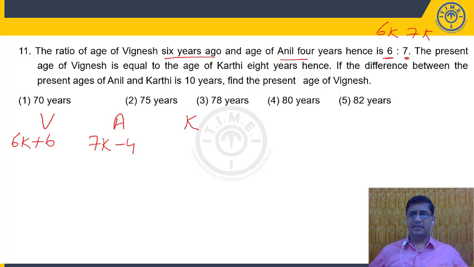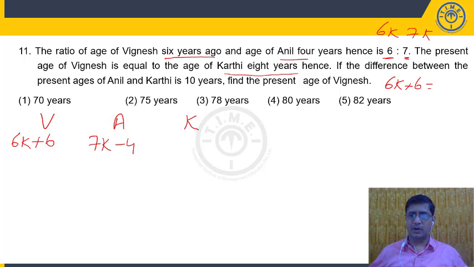What about Karthi? The present age of Vignesh is equal to the age of Karthi 8 years hence. Vignesh's present age is equal to 6K plus 6, which is equal to the age of Karthi 8 years hence.